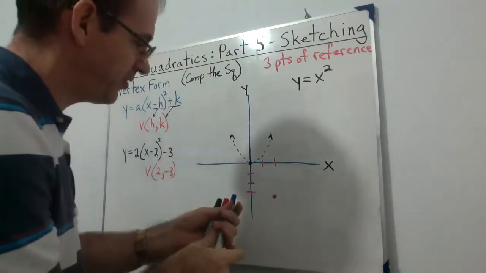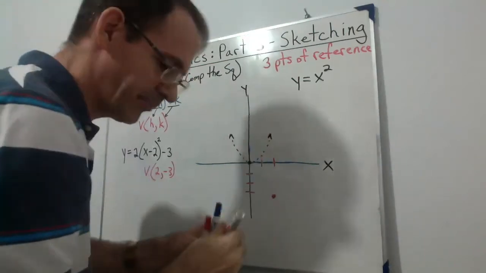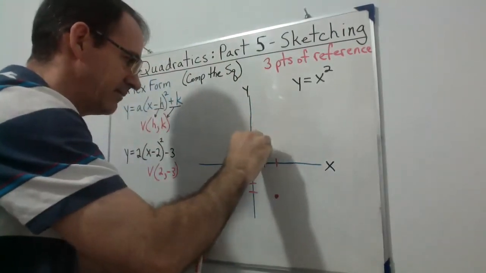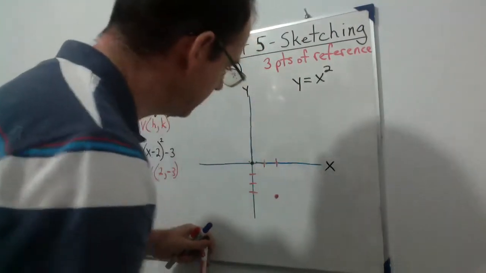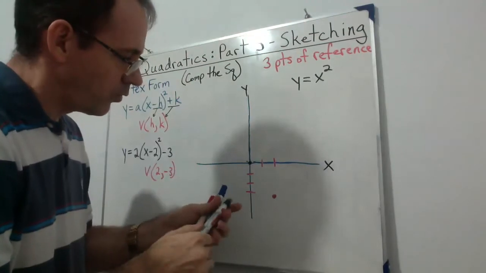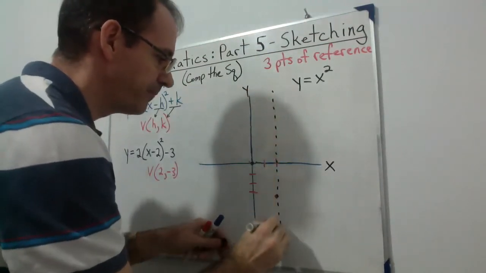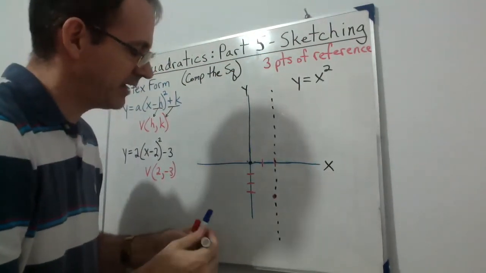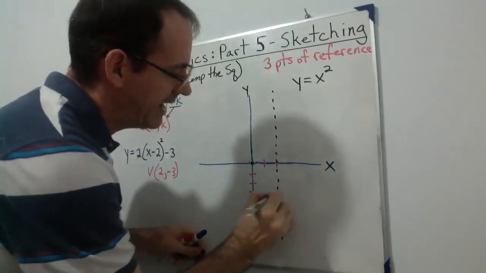Well, look, here is our axis of symmetry. Okay, I'm going to get rid of our parent function. We don't really need him anymore. And this is our axis of symmetry, goes through the vertex. So our vertex here is the main point.